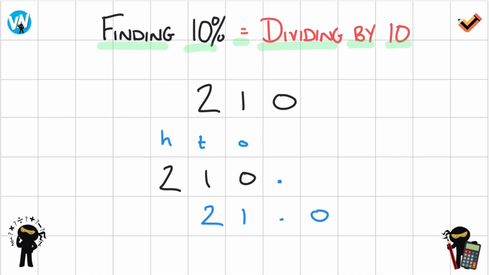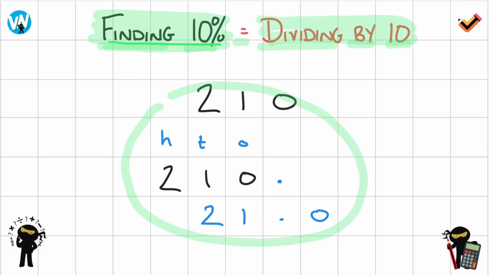So let's look at some examples. But the key thing today, I'm just going to show you again up here, is this. We're going to be finding 10% in nearly every question. Your ability to find 10%, and the more you find 10%, the more it just becomes obvious what it is, because it is just dividing by 10, which is this here. But ideally, we're doing it in our heads.